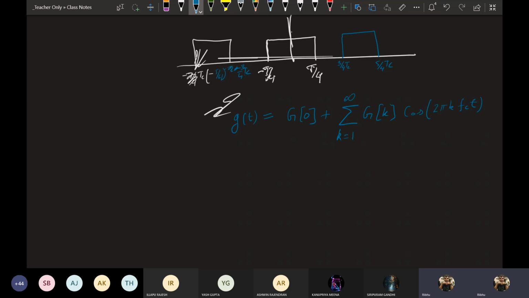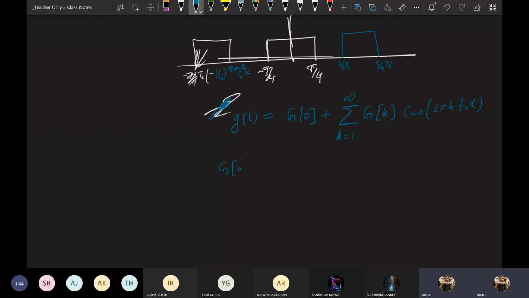So I would want you to go back and quickly look through your signals and systems course once again, if this is the first time you are encountering this form, or if you feel that this is the first time you are encountering this form, to be precise.